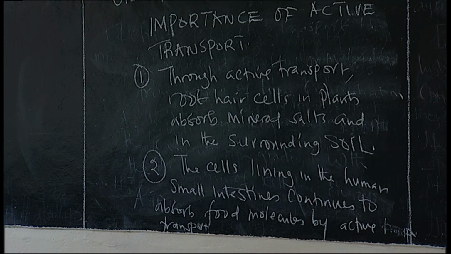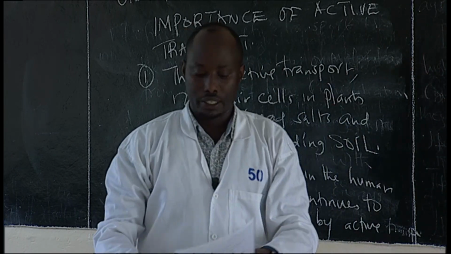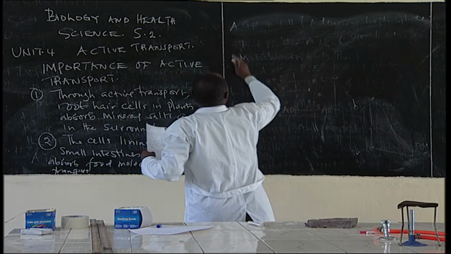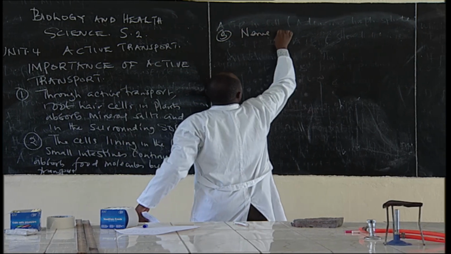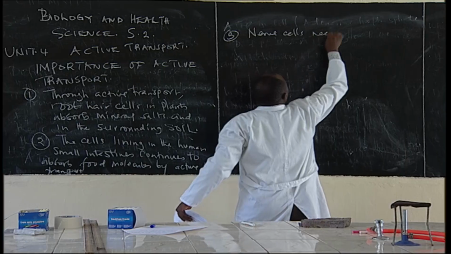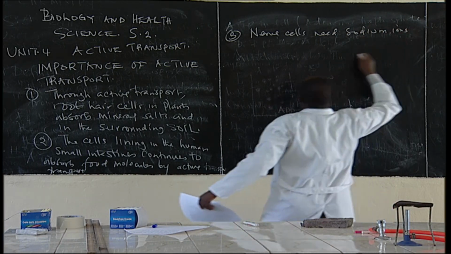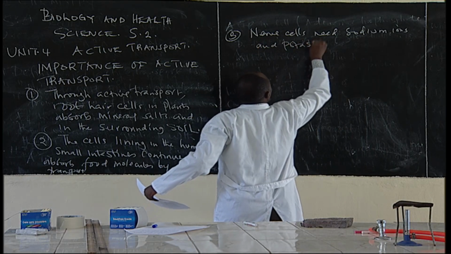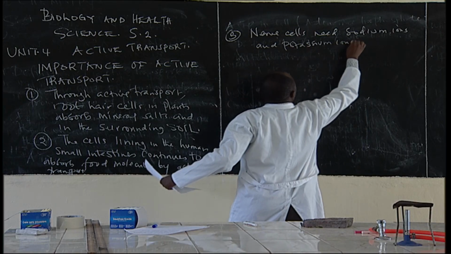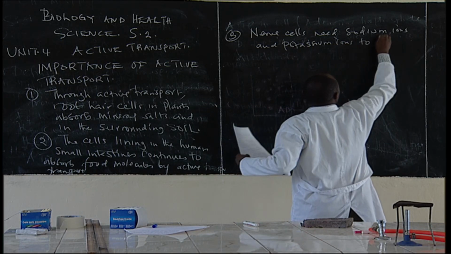Nerve cells need sodium ions and potassium ions to function.